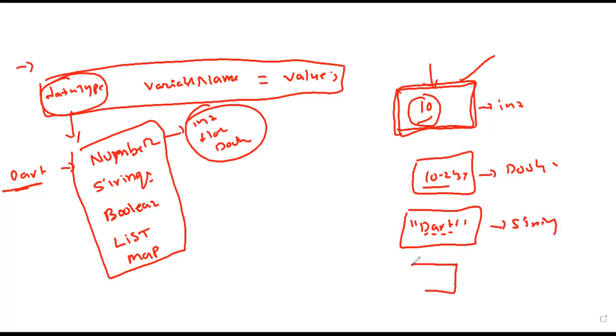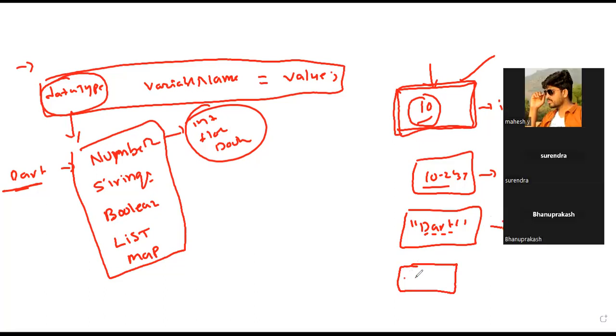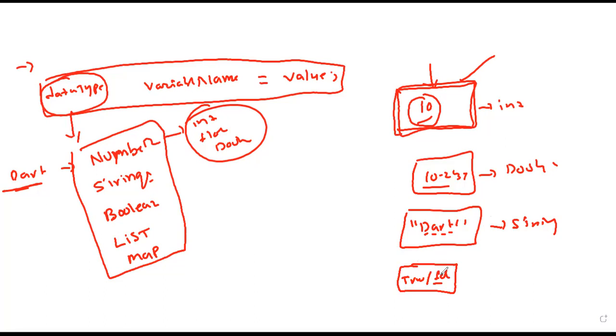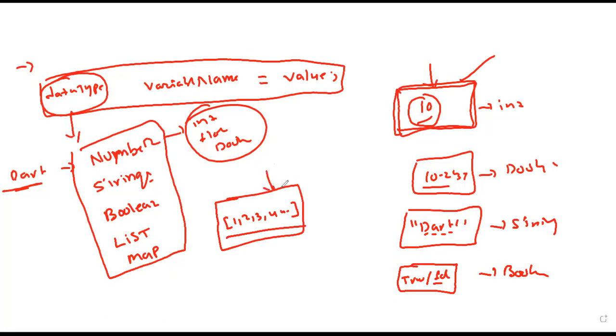For example, if you want to store true or false, this is the boolean data type. If a variable stores a number of items, 1, 2, 3, 4, like that, several items in one variable, this is the list data type.